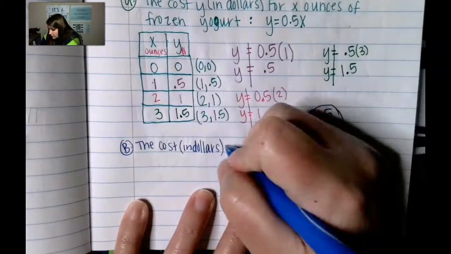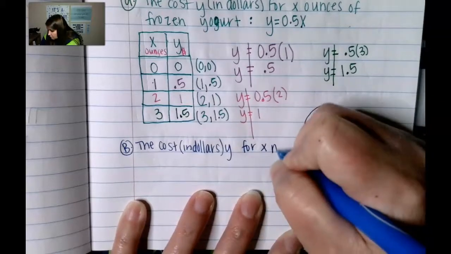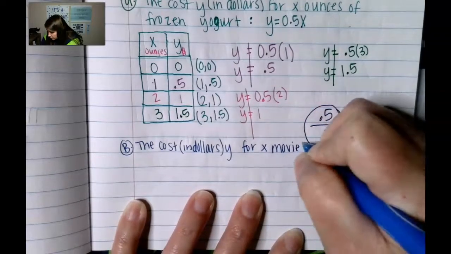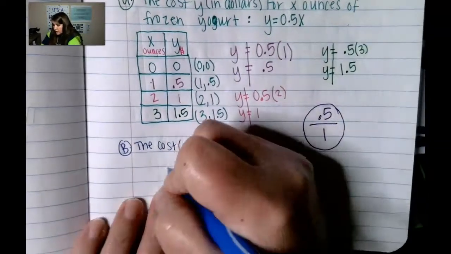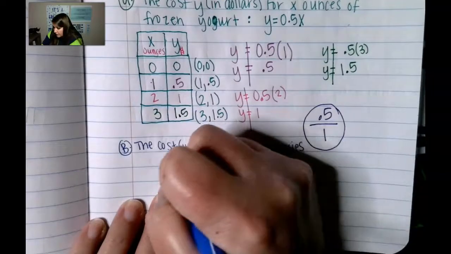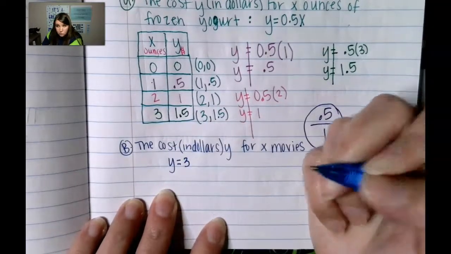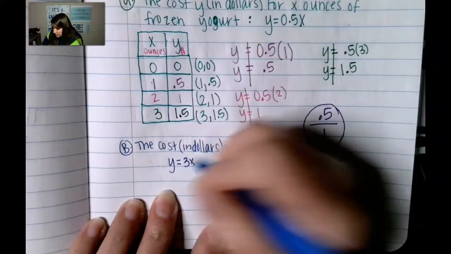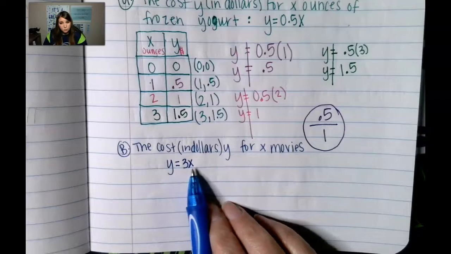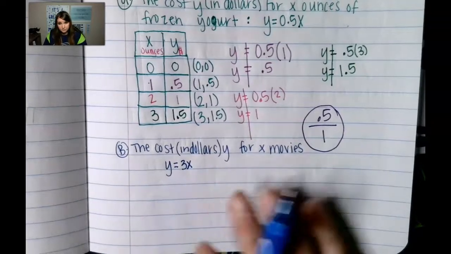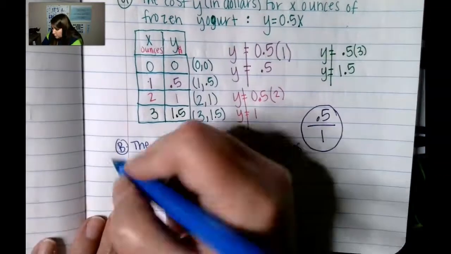The cost in dollars, Y, for X movies uses the equation Y equals 3X. So this means that it is $3 per movie. Okay, so $3 is our cost per movie.